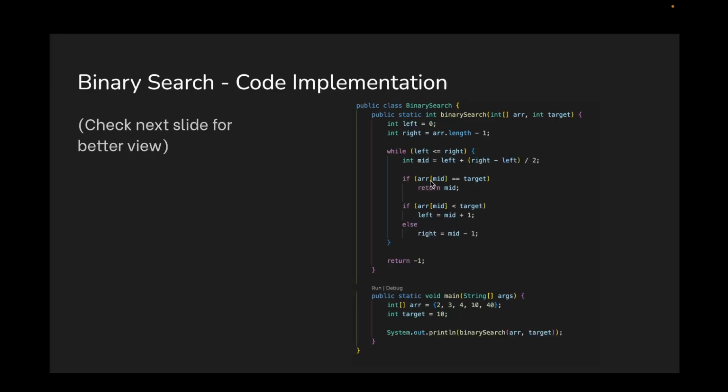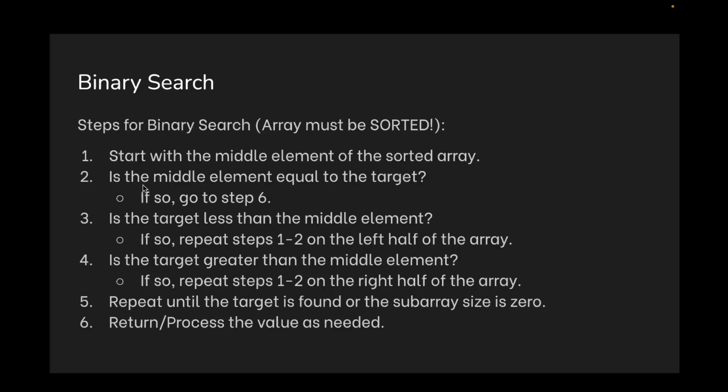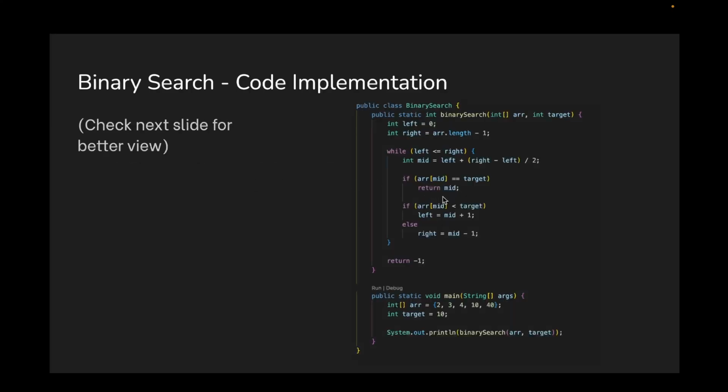If the middle element is equal to the target, which is our step 2, then we return the middle value. So we're completely finished with this loop. If you return inside a loop like this, then it's going to stop executing this method. So if we found the value, then we just return the index.